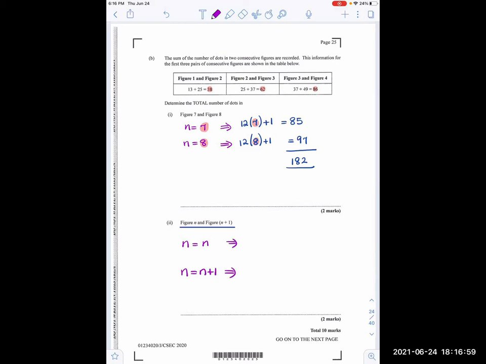So, wherever you see n, replace it by n, write your answer, then replace n by this whole thing, n plus 1.